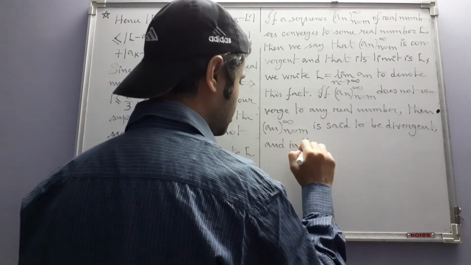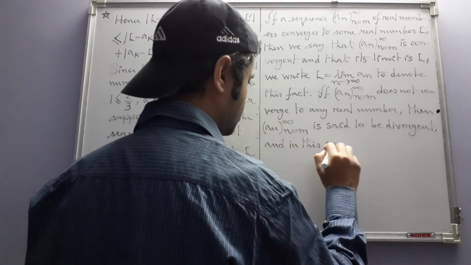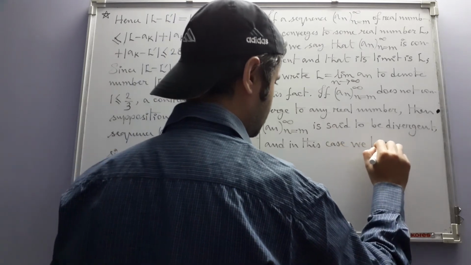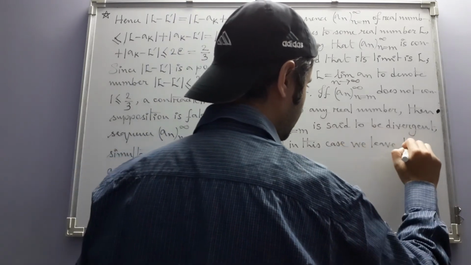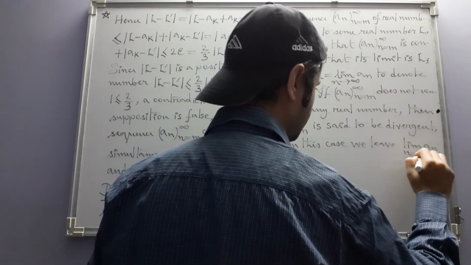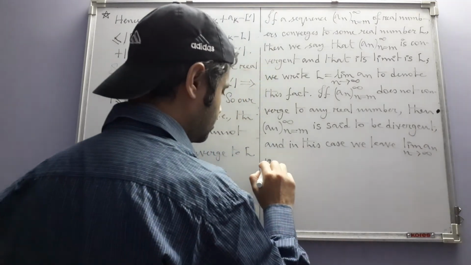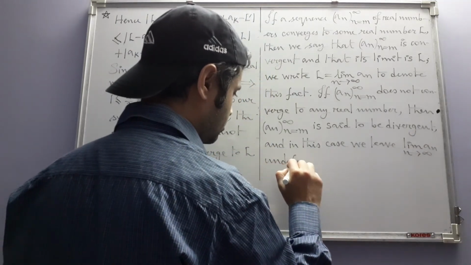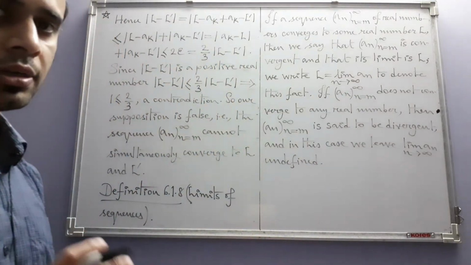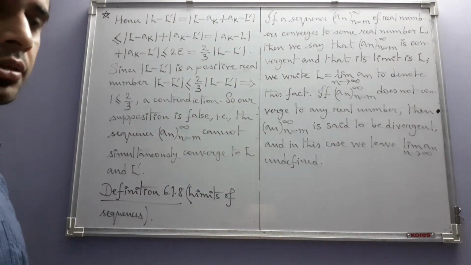And in this case, we leave the symbol limit of a_n undefined. That is, in this case no meaning has been attached to it, and we won't use it.